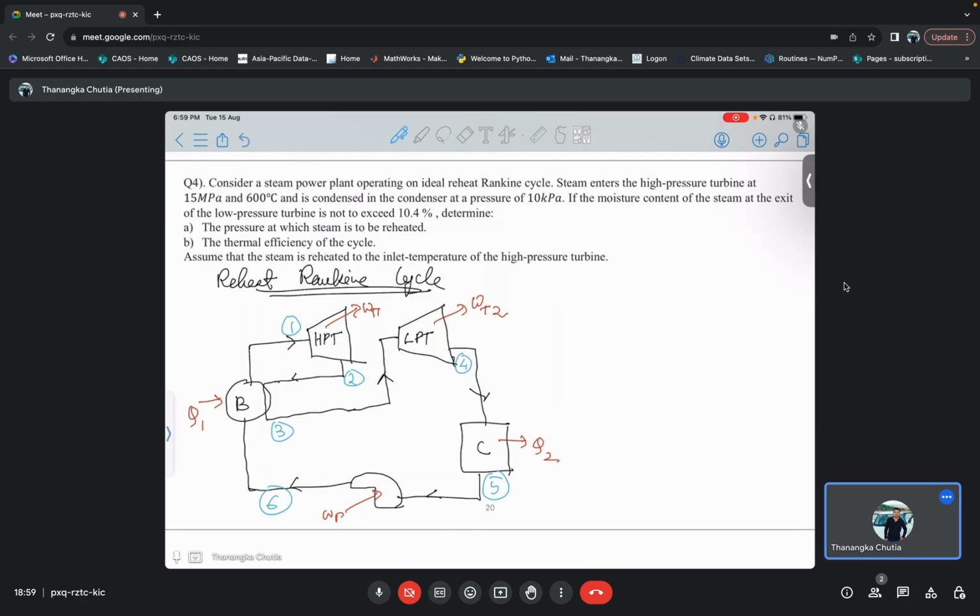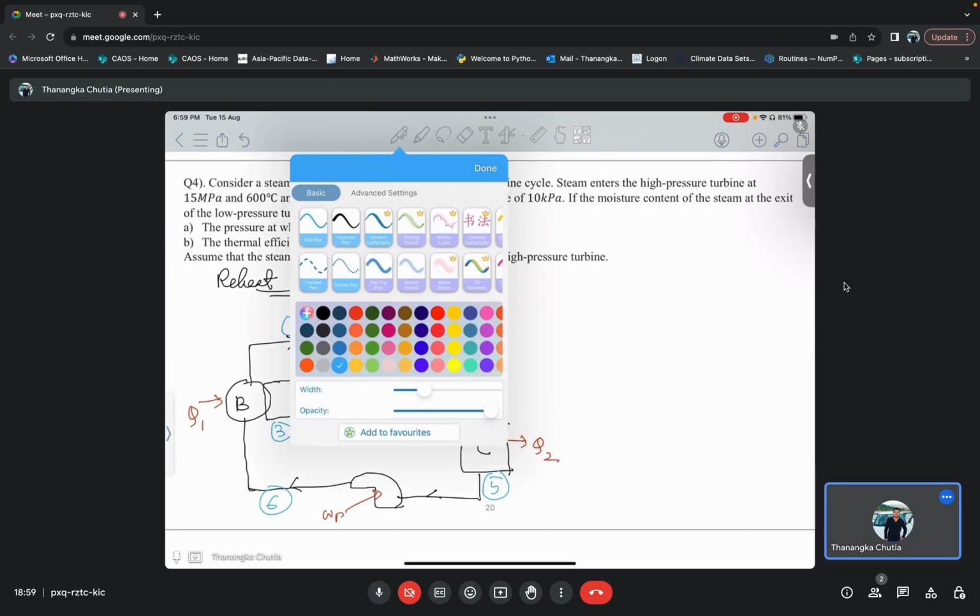Okay, so how will my T-S diagram then look?